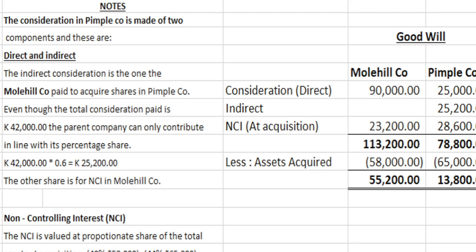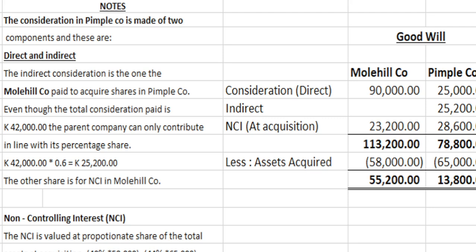So when paying this consideration of 42,000 kwacha, the two, the parent company and the NCI, the minority shareholders, will contribute in line with how much percentage each owns in More Company.